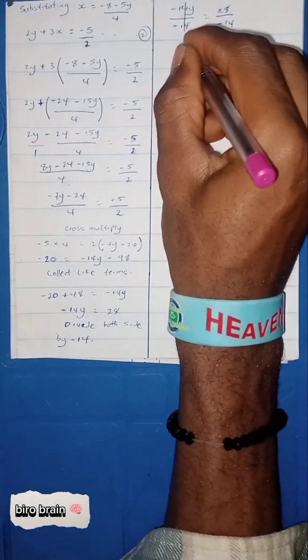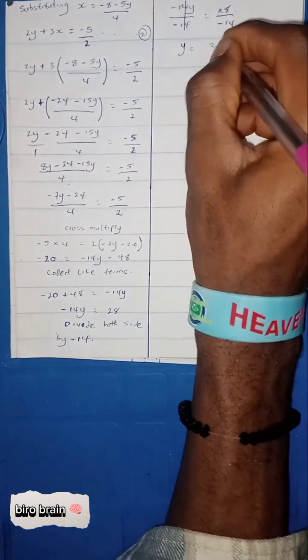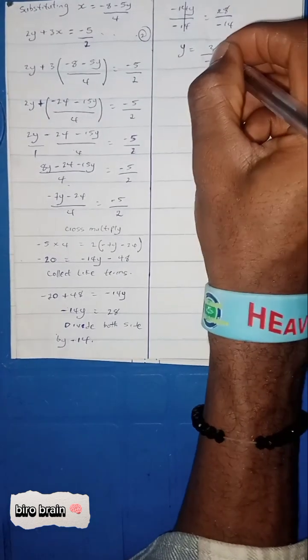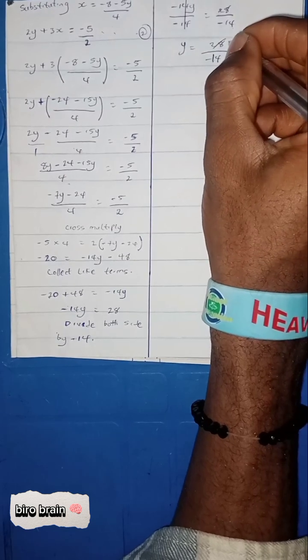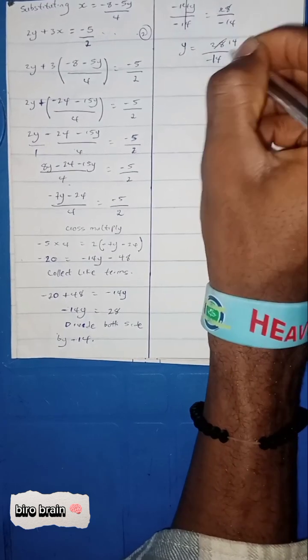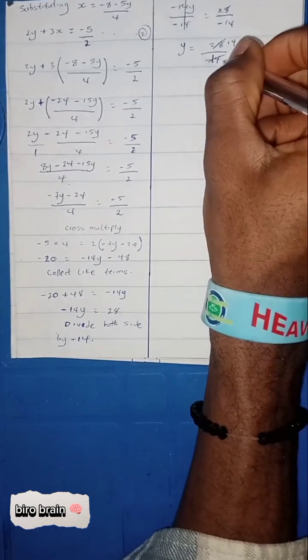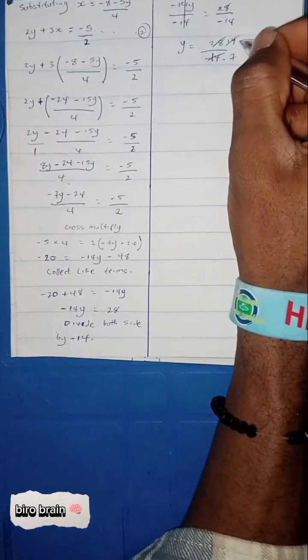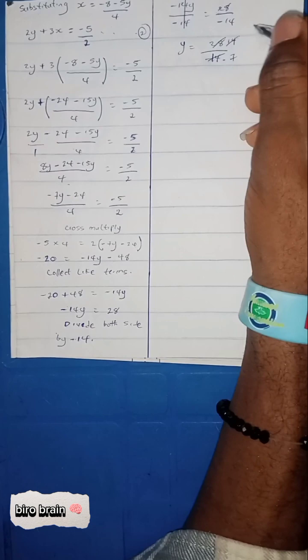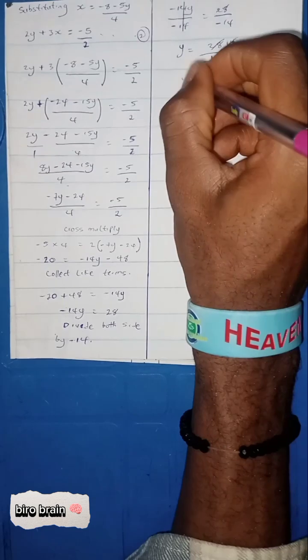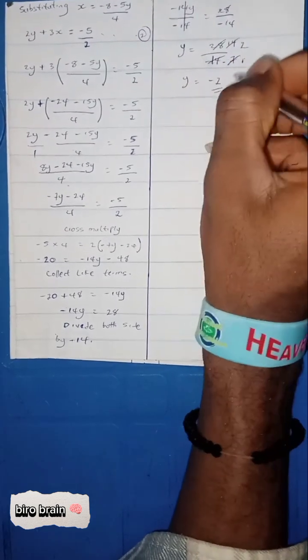So minus 14 over minus 14, we have y equals 28 over minus 14. So 2 into 28, that's 14. 2 into 14, that's 7. 2 cannot go, let's use 7. 7 into 14, that's 2. 7 here, that's 1. So we have y equals minus 2.